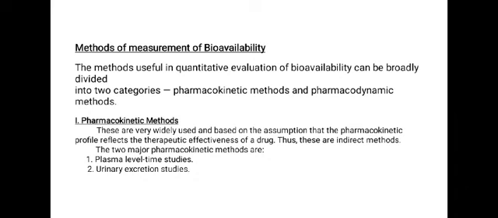Then methods of measurement of bioavailability, which involve two methods. First is the pharmacokinetic method and second is the pharmacodynamic method. First, the pharmacokinetic method. These are very widely used and based on the assumption that the pharmacokinetic profile reflects the therapeutic effectiveness of the drug. These are indirect methods, which involve two methods: first, a plasma level time study, and second, urinary excretion study.